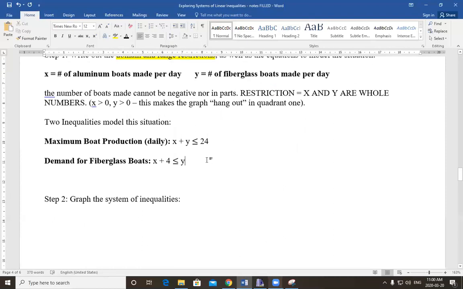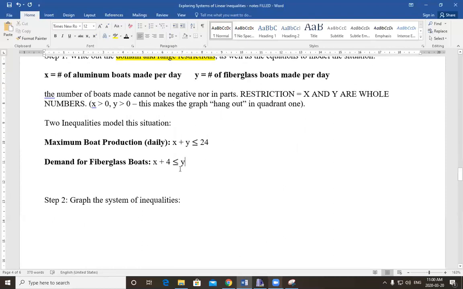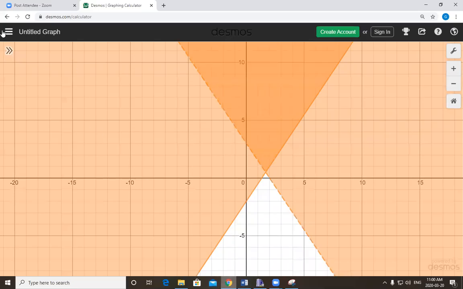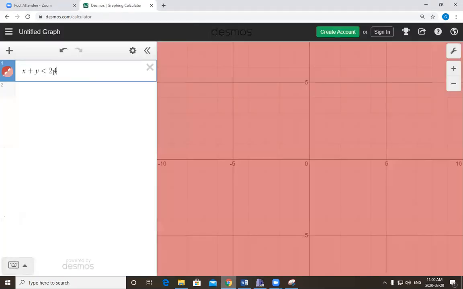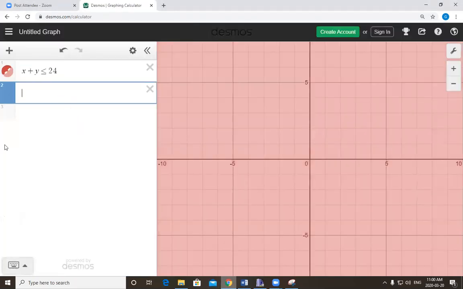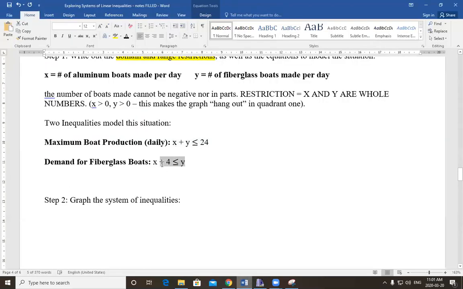Now we can graph them. Okay, so we'll see if we can copy paste this into Desmos to make our life a little bit quicker. We have to reset, and it works. So X plus Y less than or equal to 24. And the second inequality.